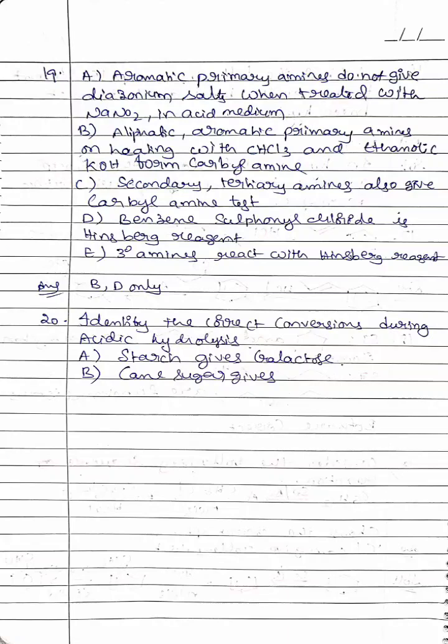Benzene sulfonyl chloride is a Hinsberg reagent. Alkyl amines readily give alcohols with NaNO2 and HCl, whereas aromatic primary amines readily give diazonium salts. So based on that, B and D are correct statements.